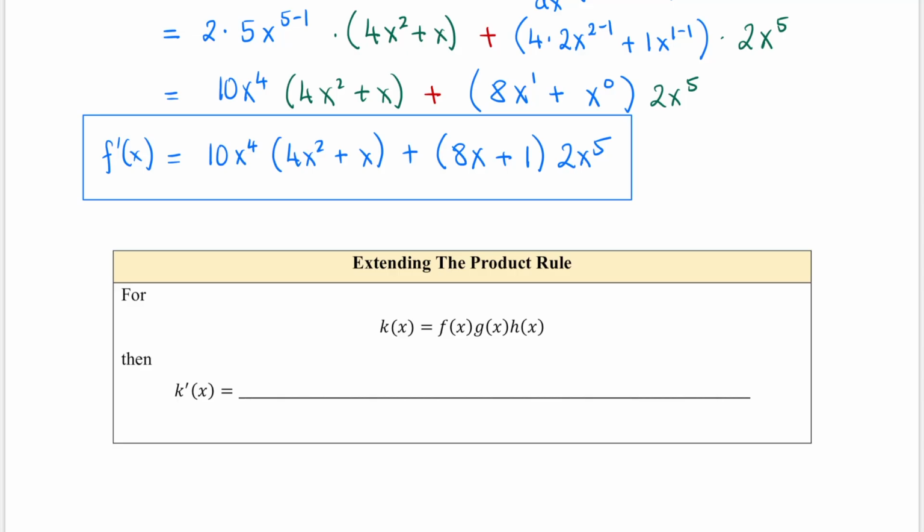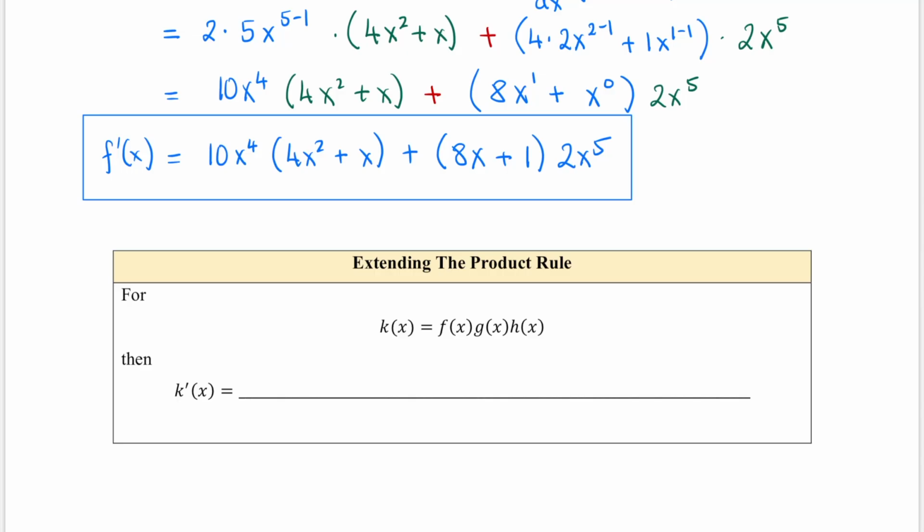Now let's extend this idea a little further. So far, we looked at the product of two functions, but sometimes we may have the product of three or more functions. For example, k of x equals f of x times g of x times h of x. In this case, the derivative is found by taking the derivative of each function one at a time, while keeping the other two functions the same.